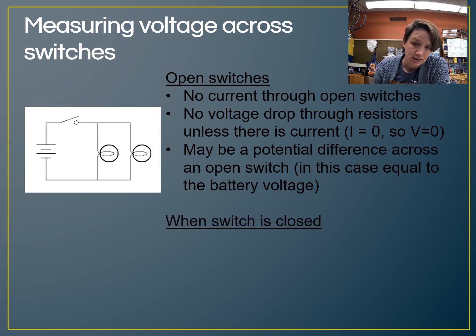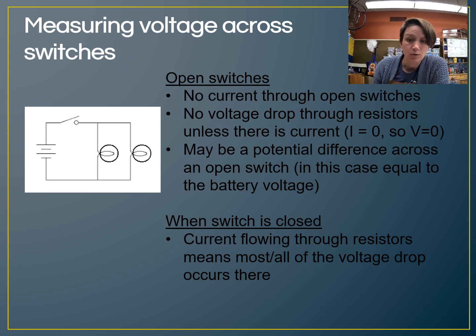If you close that switch, things are different. Now we have current flowing through the resistors, and that means that the voltage drop in the circuit, the energy, is used up as those electrons pass through the resistors. I say most because it depends whether we're talking about an ideal circuit with wires with no resistance or not.